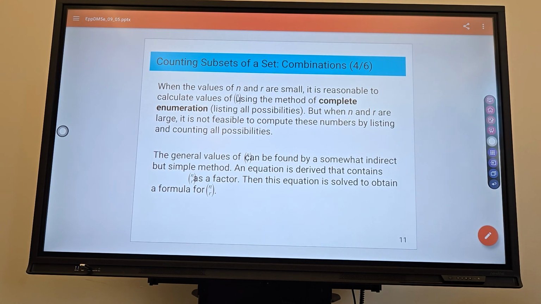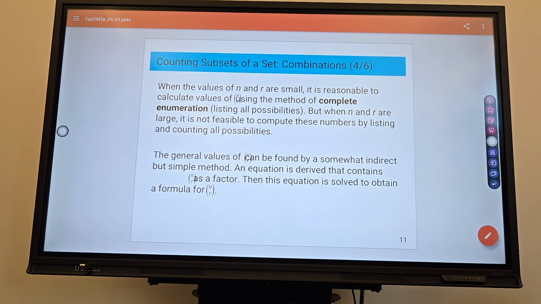When the values of n and r are small, it is reasonable to calculate values of n choose r using the method of complete enumeration. But when n and r are large, it is not feasible to compute these numbers by listing and counting all possibilities. The general values of n choose r can be found by a somewhat indirect but simple method.